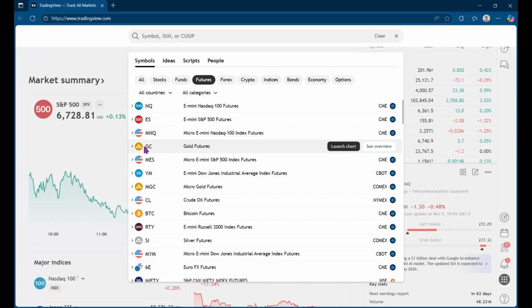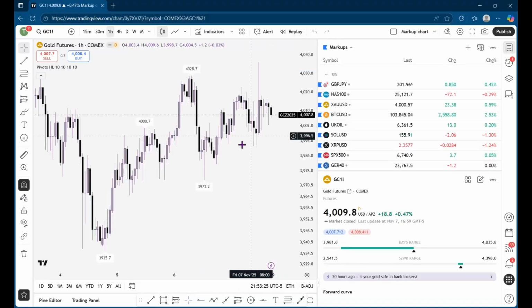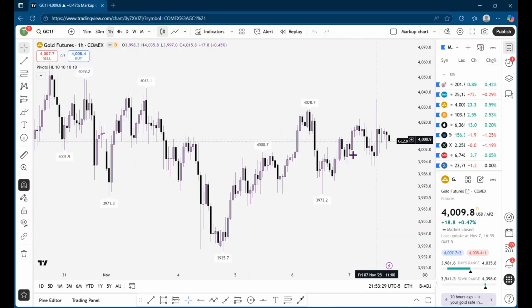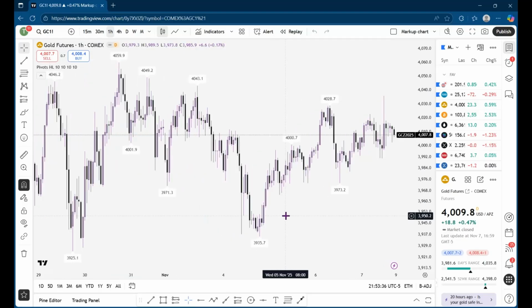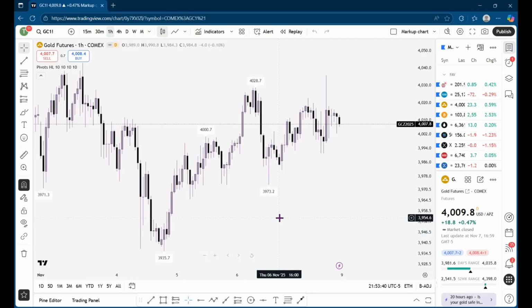So let's go ahead and do gold futures really quick. I'm going to launch the chart so you can see. And this is what it looks like. I'm going to slide this over so you're seeing majority of the futures chart. And so this shows you that it's gold futures on the 1 hour. And this is according to the COMEX price data right now. Gold is sitting at around 4,007, right?